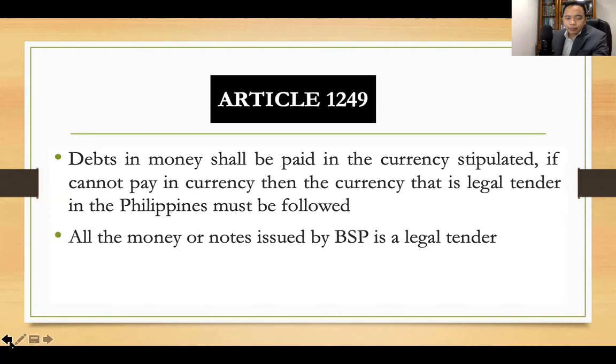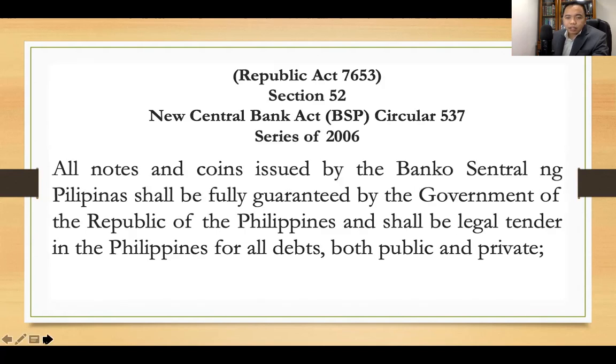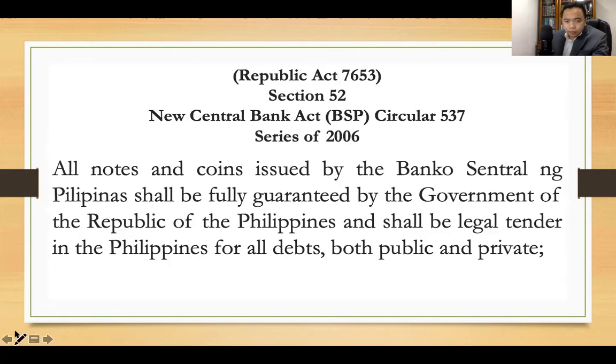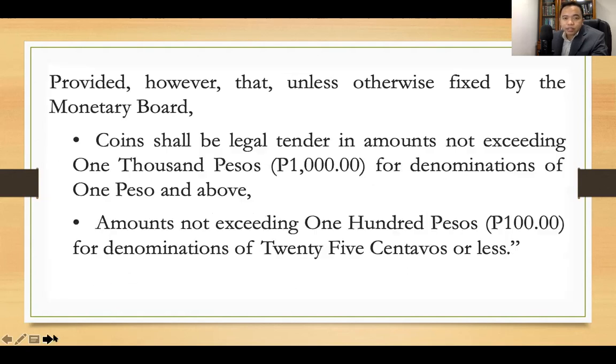Okay. Now, take note, class, of the Central Bank circular, the Bangko Sentral ng Pilipinas. We have legal tender depending upon the amount. So this is the New Central Bank Circular number 537, series of 2006.